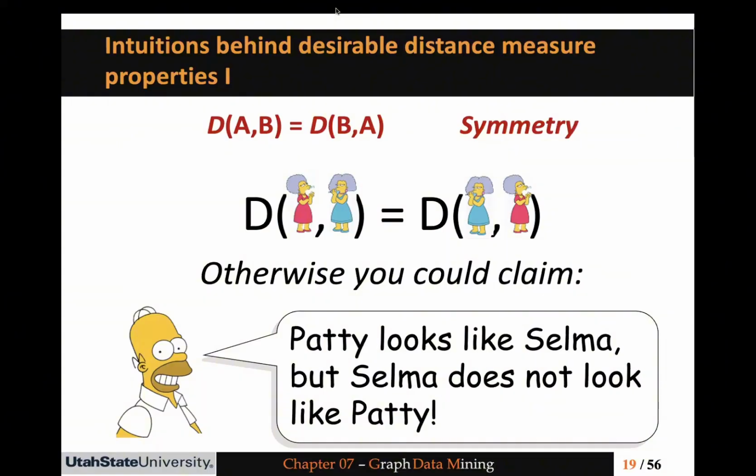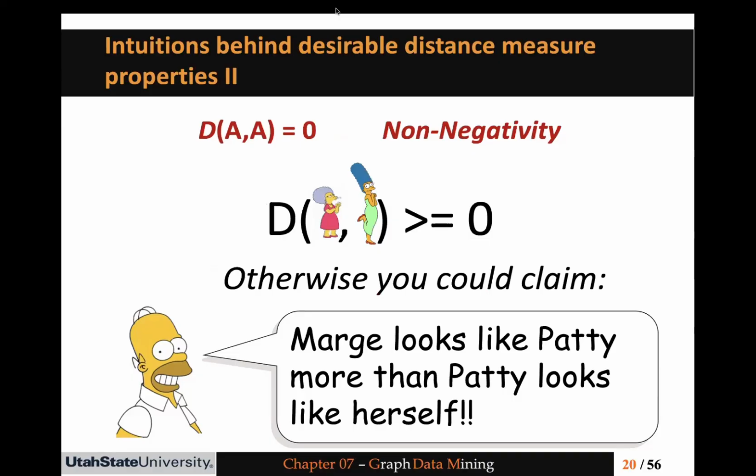So symmetry is not a property which is satisfied by the Kullback-Leibler divergence measure. Okay, so symmetry is very important. Most of the distance measures satisfy it, but as I said, there are some other measures which don't, just like the KL divergence, which is not for time series, it is for histograms.